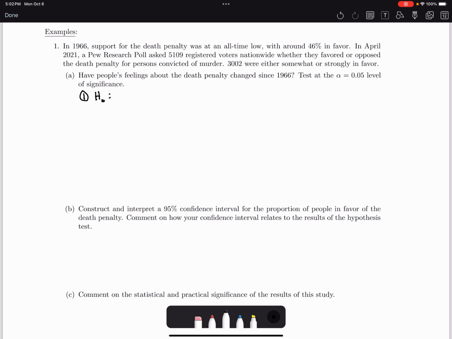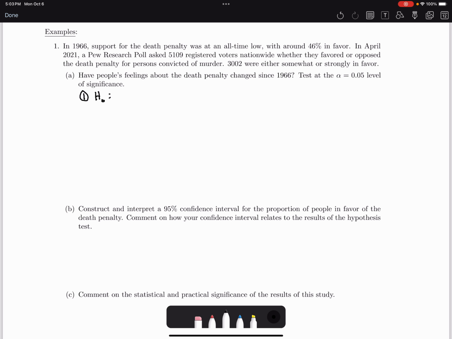So in this case, if you think about what the researchers did, they went out and asked people, are you in favor of the death penalty? And the answers that people gave were yes or no. Or maybe it was like strongly in favor, somewhat in favor, somewhat opposed, strongly opposed, right? Something like that. But either way, those responses are not numerical, they're categorical, which means we're most likely testing a proportion here.